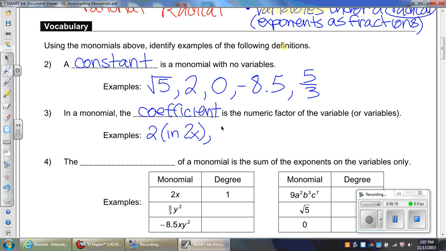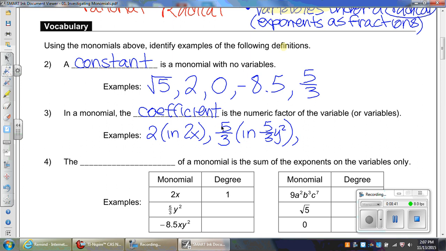Samantha, tell me another one. 5/3 y squared. So I want the coefficient: 5/3 in y squared.